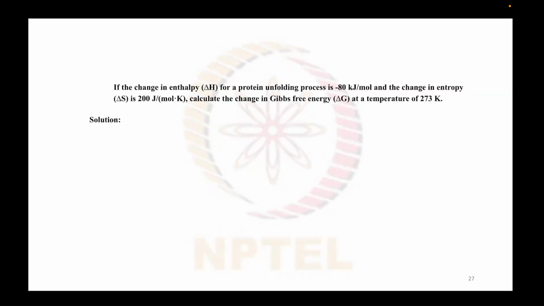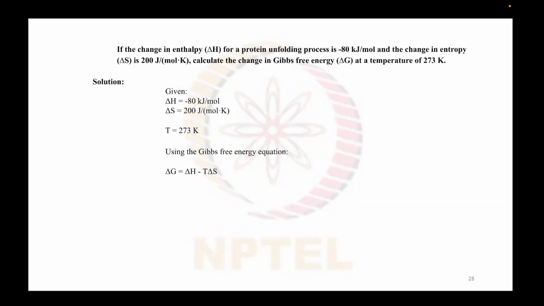If change in enthalpy for a protein unfolding process is minus 80 and the change in entropy is 200 joule per mole per Kelvin, calculate the change in Gibbs free energy. So this is similar to what we have solved previously. Try to solve. I'll wait for some time.